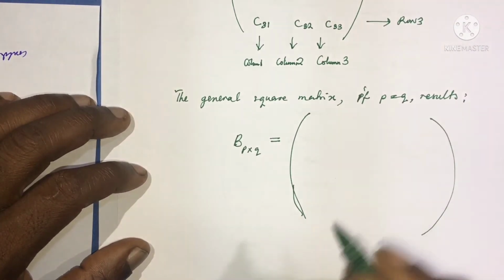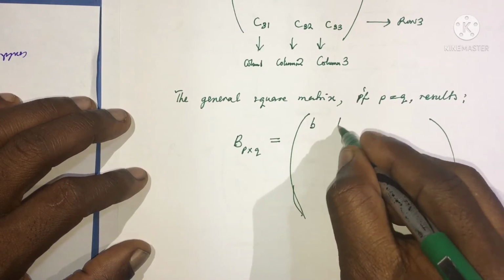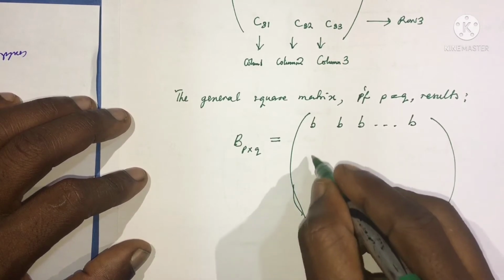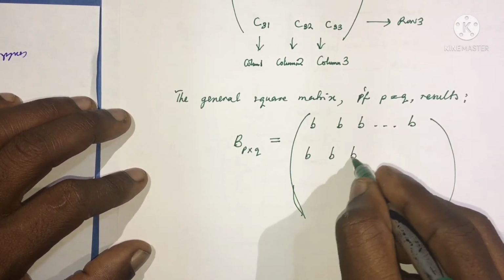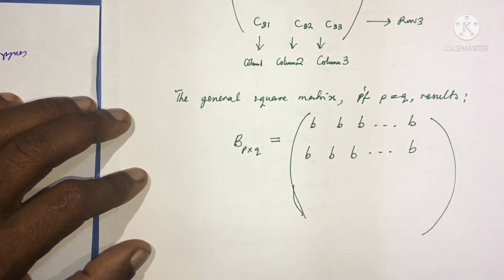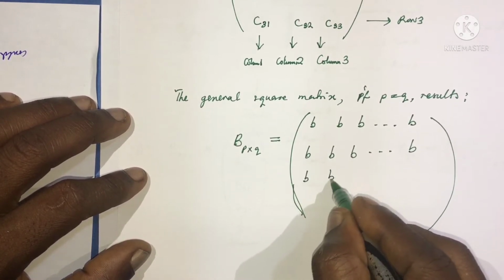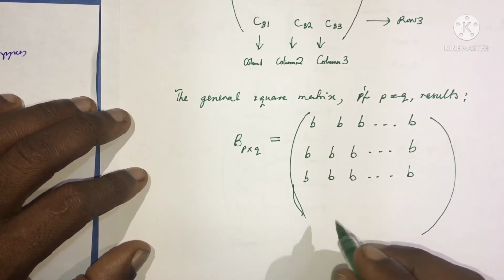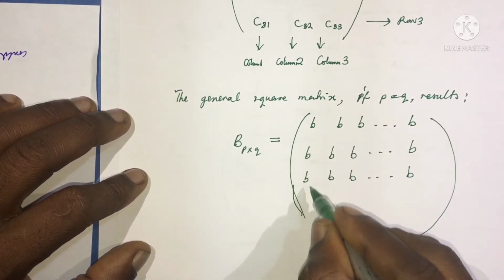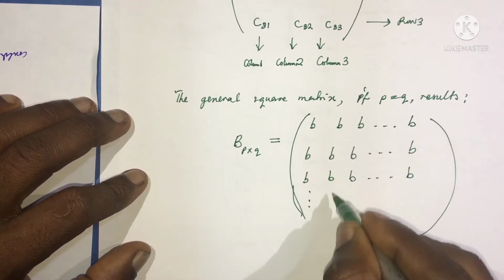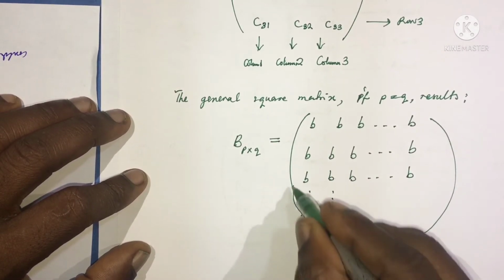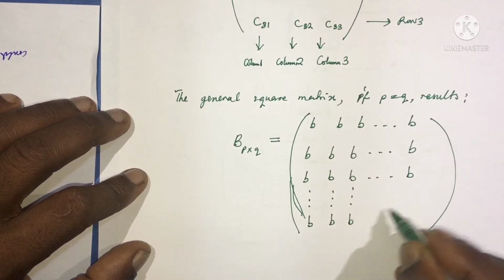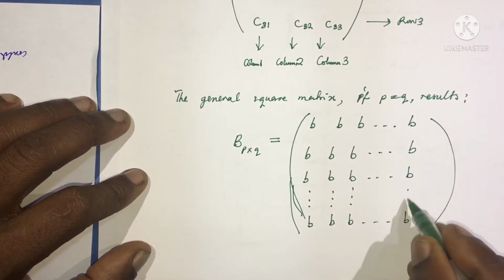So you would have here B, B, and B, the first 3 elements, mention them and continue to the last. On the other hand, you have mentioned the first 3 here, ellipses, then the last, and this will continue till you get to this point.